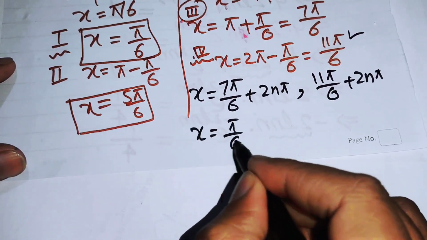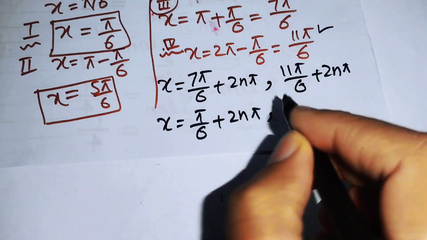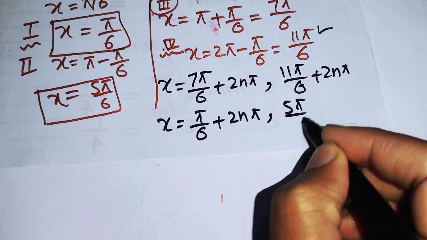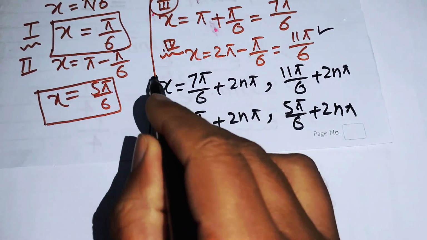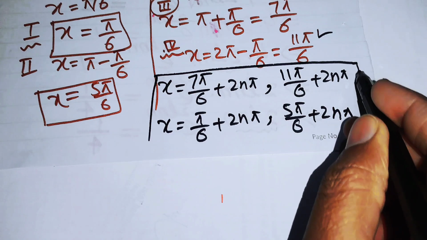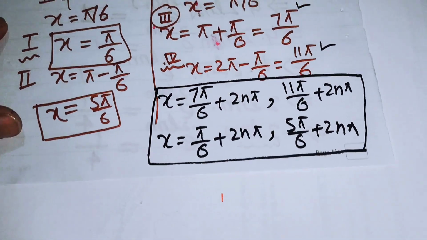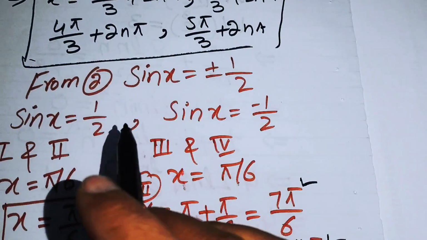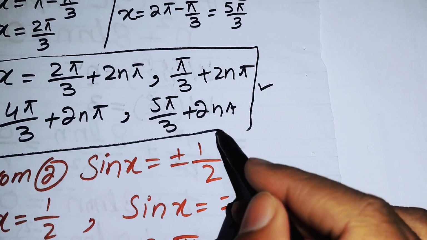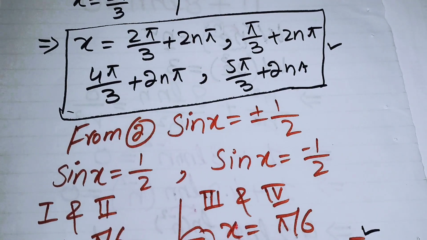So you get pi by 6 plus 2n pi, and in this case 5 pi by 6 plus 2n pi. So these are the other four solutions of the given problem. So here we have 8 solutions of the given problem. These are the 4 solutions, and these are the other 4 solutions. So this is our final answer of this problem.